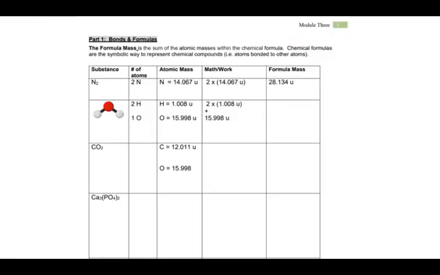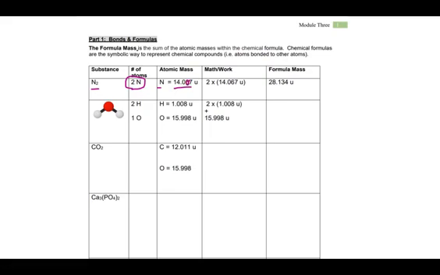So if we were to go over here, this is pretty much what it's telling me. N2 tells me that I have 2 nitrogens. We know that 1 nitrogen's mass is 14. Well, we need to cross that off because that is not correct.